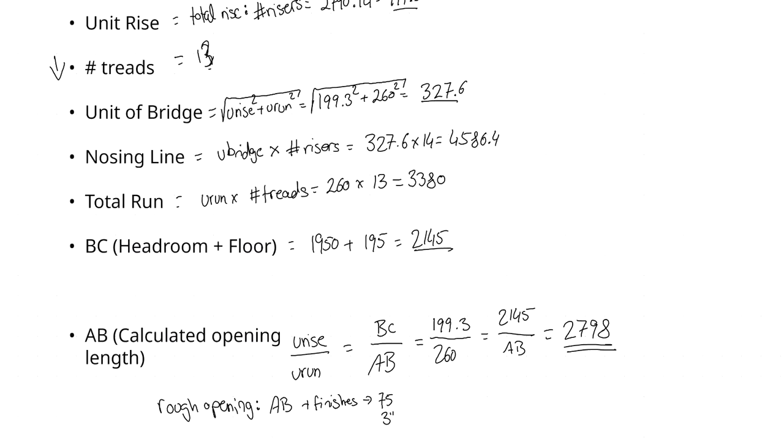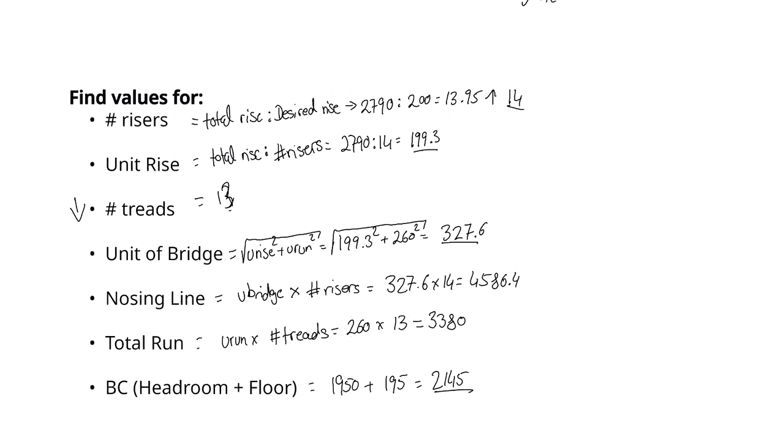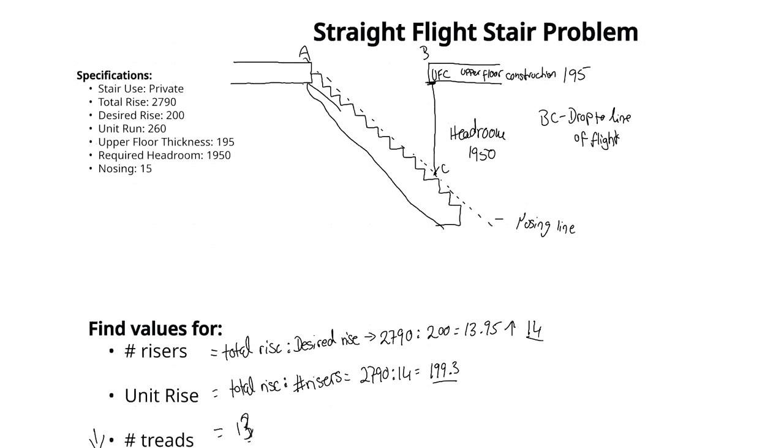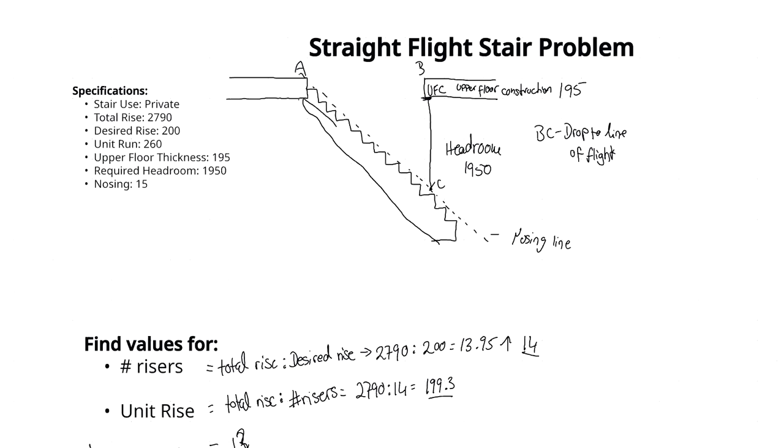So really, these are the nuts and bolts of your stairs. Any problem you encounter, double check your specifications. Once you find out the amount of risers that you have, draw yourselves a picture, either as beautiful or more beautiful than what I drew for you here, and put in all the information that you can. That way it'll help you out.